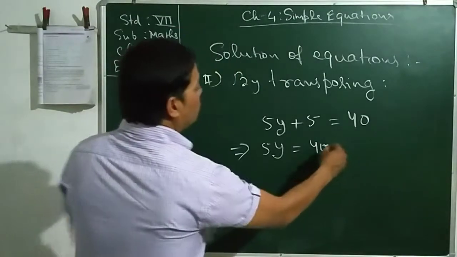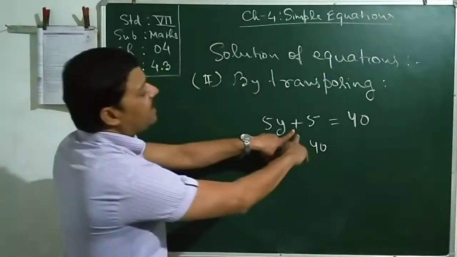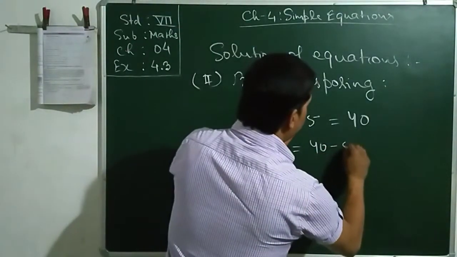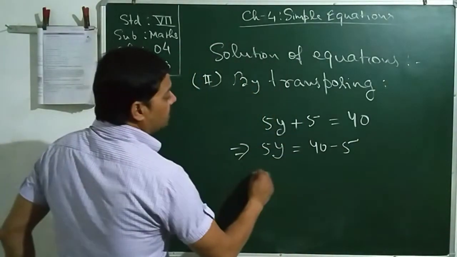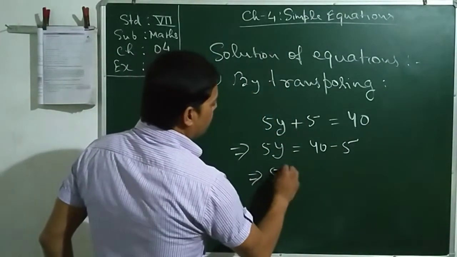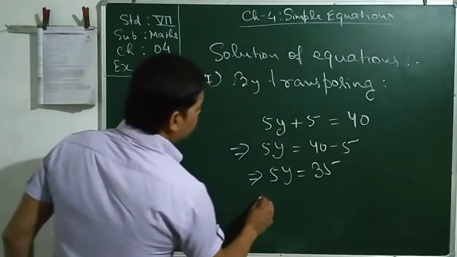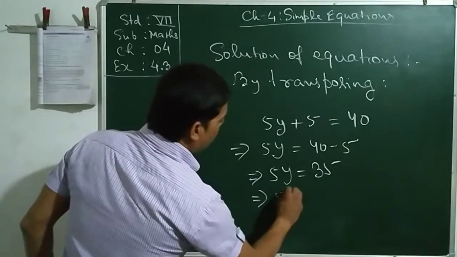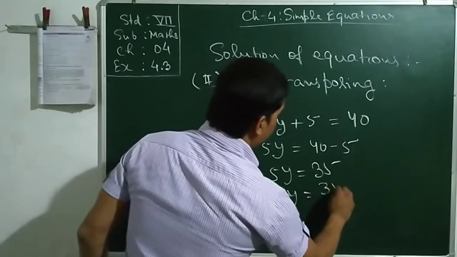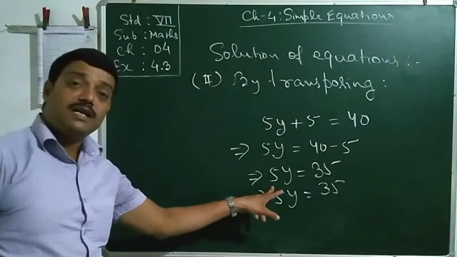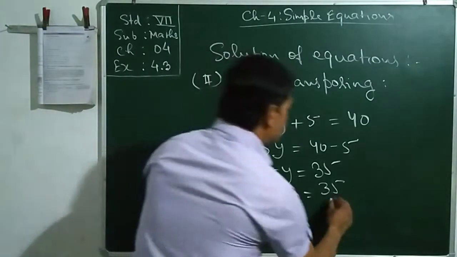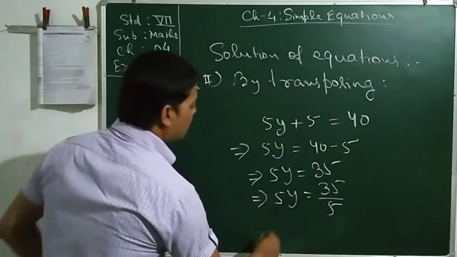So 5y equal to 40 plus 5 was there that I have left. It will appear as minus 5 here, and in the next step we can write 5y equal to 40 minus 5, that is 35, or 5y equal to 35. See, 5 was multiplied here, so it will be divided on the RHS now.